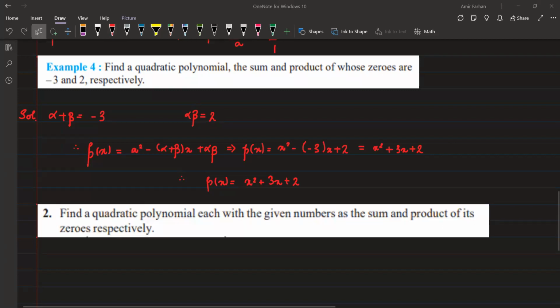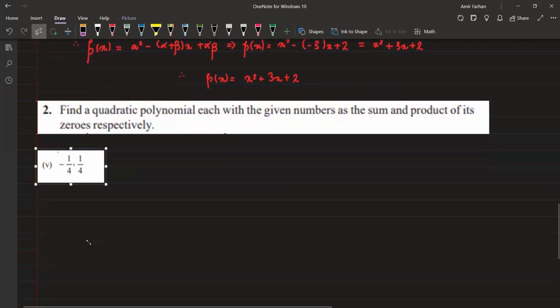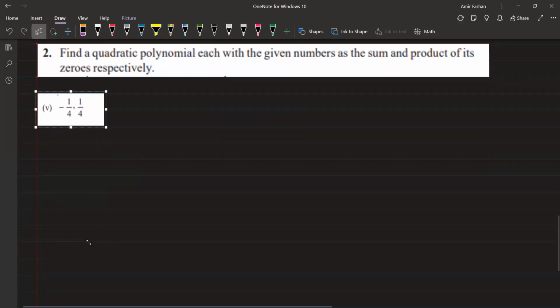I'm pasting a question. Okay, solve this question. You have to find the quadratic polynomial of the given sum and products of the respective values.